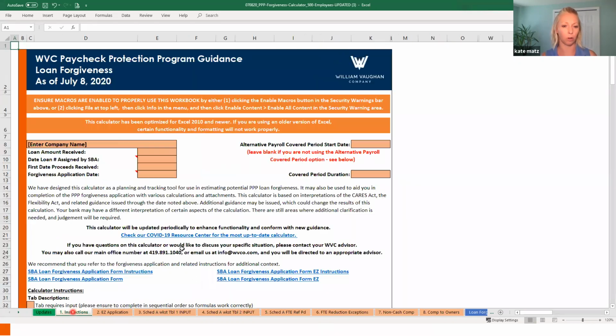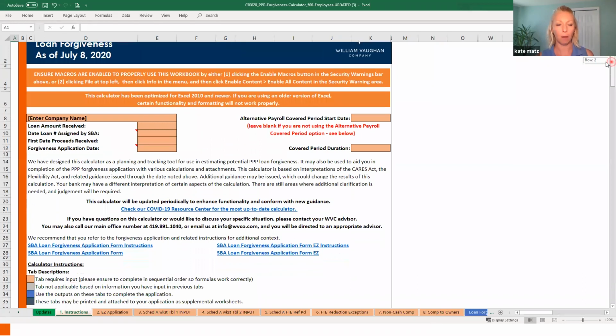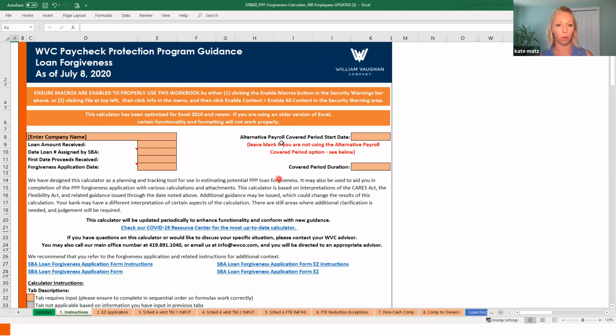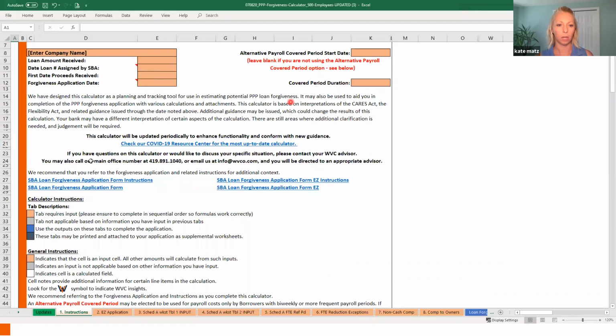So let's go back to the instructions tab and take a look at what we have here. The top section is some general company information. We'll come back to that as we work through our example. In the middle, we've got several links. One is a link back to our calculator page on our website.